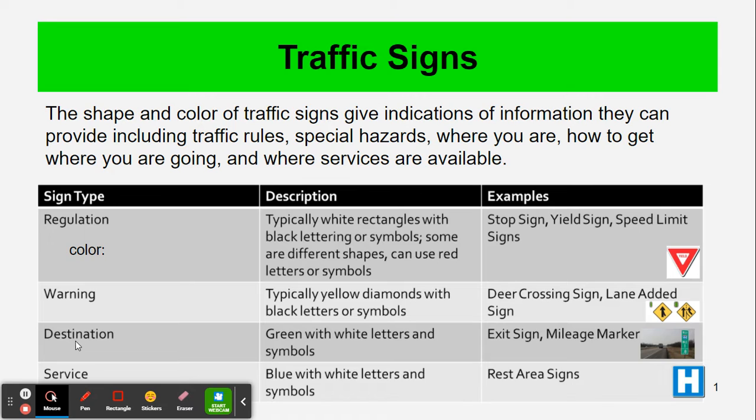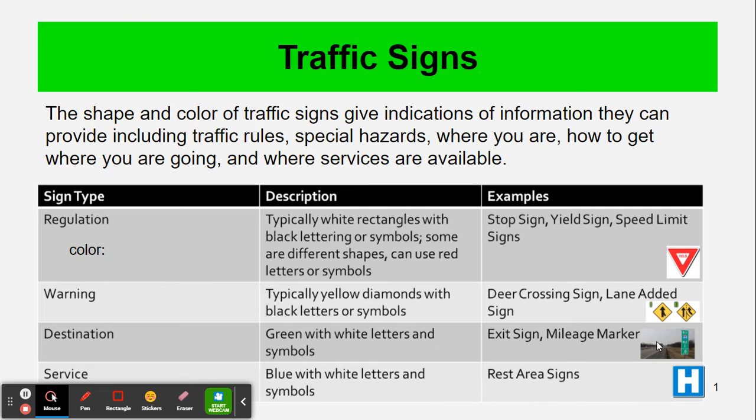So typically regulation signs sometimes follow a warning sign. Okay, then we have destination signs. So these are usually green, okay, with white letters and symbols. Sometimes they also have shields for the interstates, for example, or the state routes. They're exit signs, they're mile marker signs.